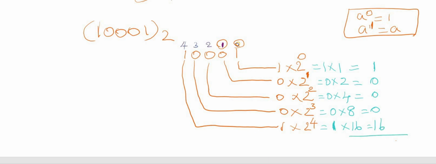Now let's add these numbers. 16 plus 0 is 16, 16 plus 0 is 16, 16 plus 0 is 16, 16 plus 1 is 17. Now we got the answer: the binary number 10001 is equivalent to decimal 17. So like this we can verify the answer. Let's do one more example.